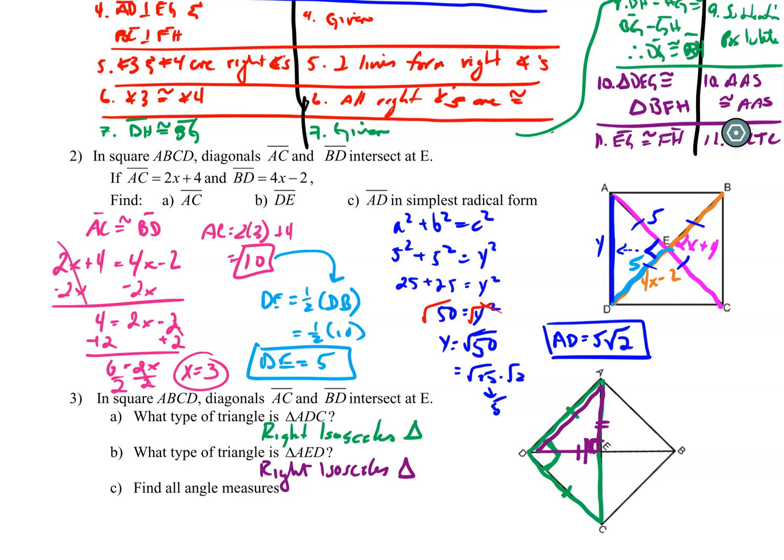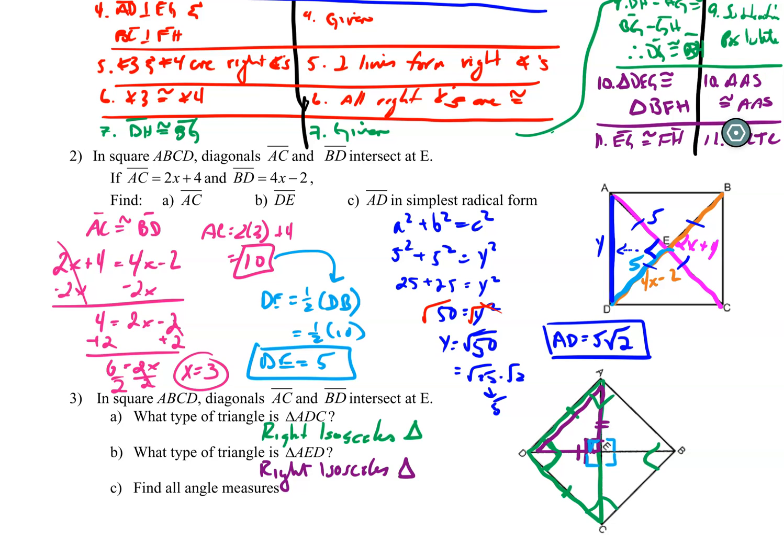Now, because both of them are right isosceles triangles, and some of the other characteristics of a square, we can actually find all of these measures without being told anything, right? So I'm just going to label them in the picture rather than having to write each one of them down. So we already said this angle here is 90 degrees, which means all four of these are 90. We also said that the big angles here at the corners of the square are all 90.